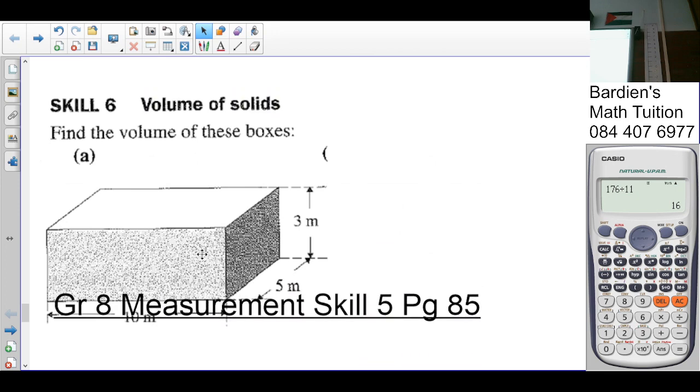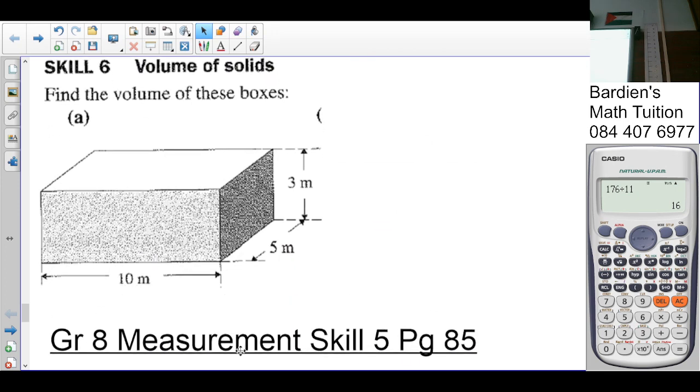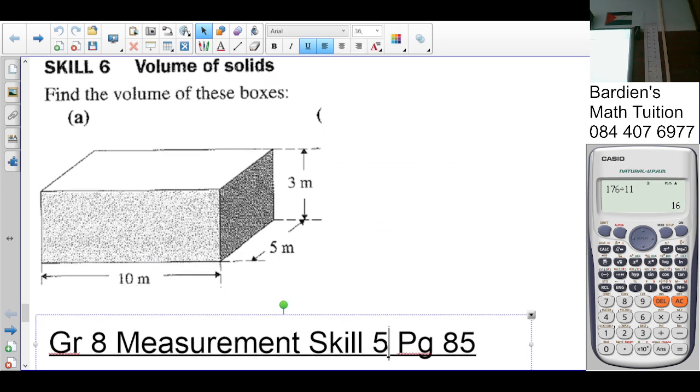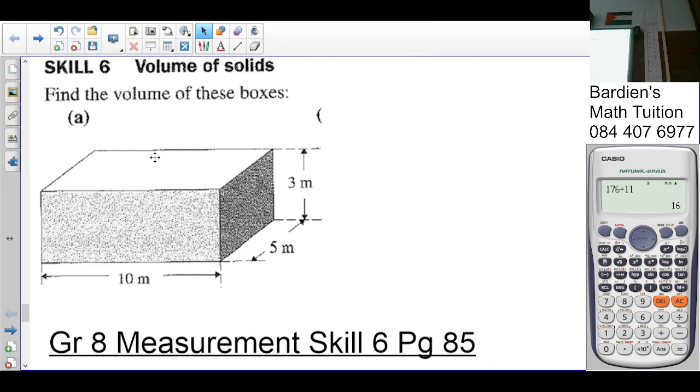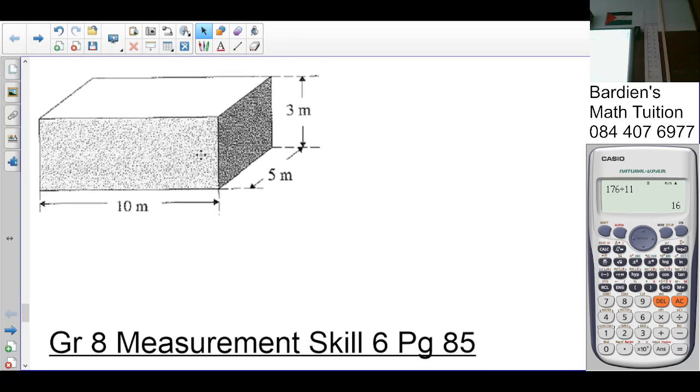Now we do volume of solids. How do you calculate the volume of a rectangular prism? Length times breadth times height. And that is what? 3-dimensional. There's a length, a breadth, and a height. Okay. So, the question says calculate the volume of these boxes.